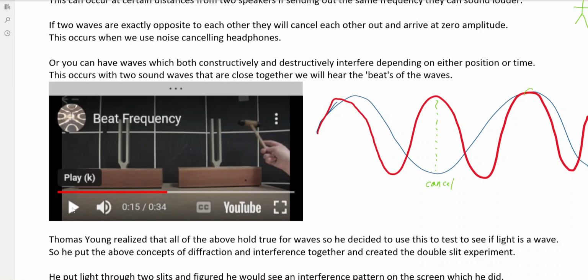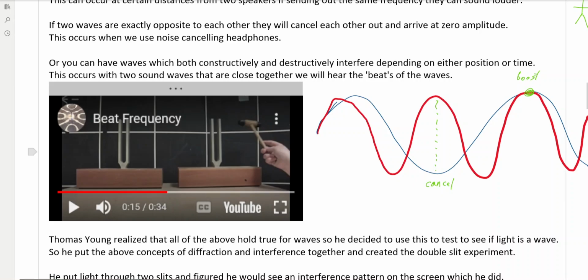And at this point here, they're both going to boost each other. And you can see that sort of pulsing will happen multiple times. And depending on how close the wavelengths are to each other, that'll show up differently.